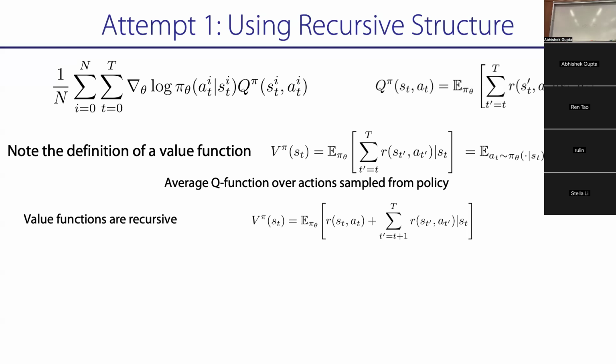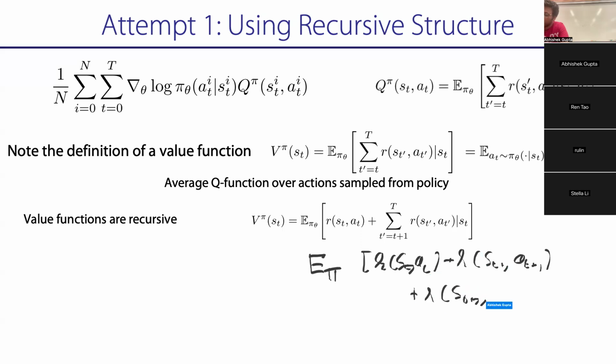So it's essentially R of S_t, A_t summed up from t to capital T. So a value function is essentially the expectation of R of S_t, A_t plus R of S_{t+1}, A_{t+1}, plus R of S_{t+2}, A_{t+2}, all the way till R of S_T, A_T. It's a sum of all the rewards in the future.